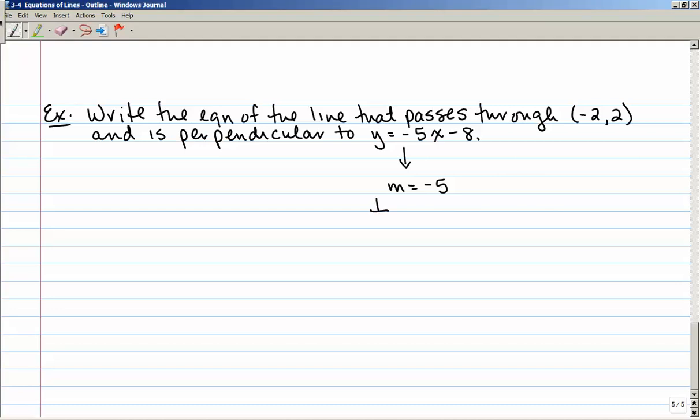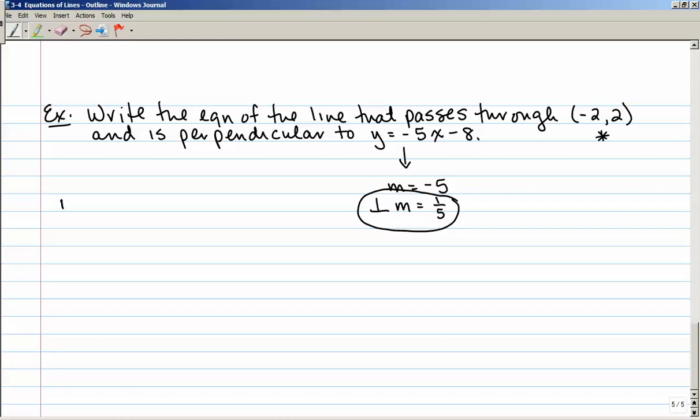What I really need is the slope of any line that's perpendicular to it. So remember, lines that are perpendicular to each other have slopes that are opposite reciprocals. So flipping this and changing the sign gives me a slope of 5. That's the slope I'm going to use in my equation along with this point right here.